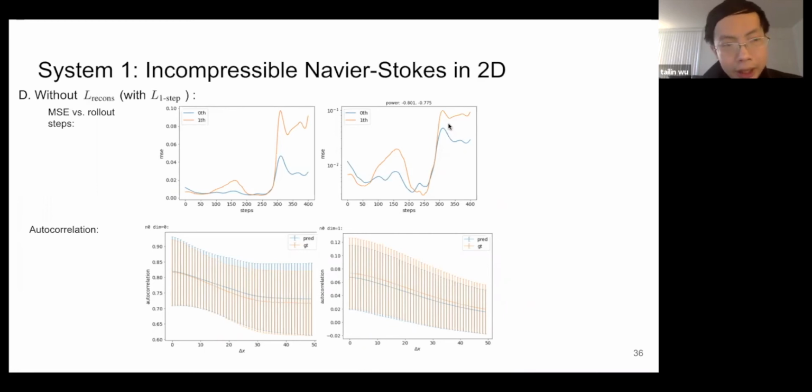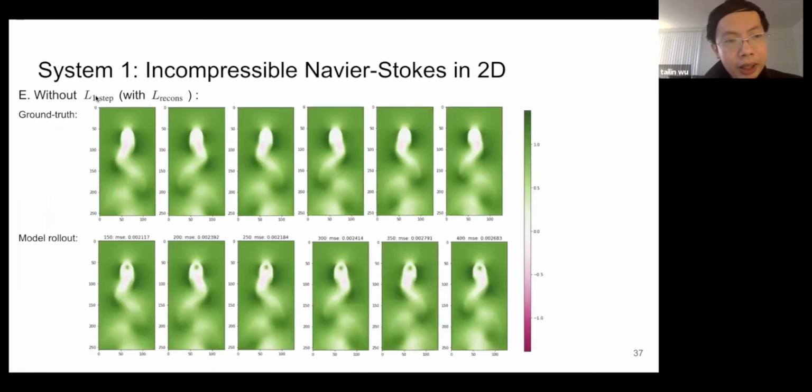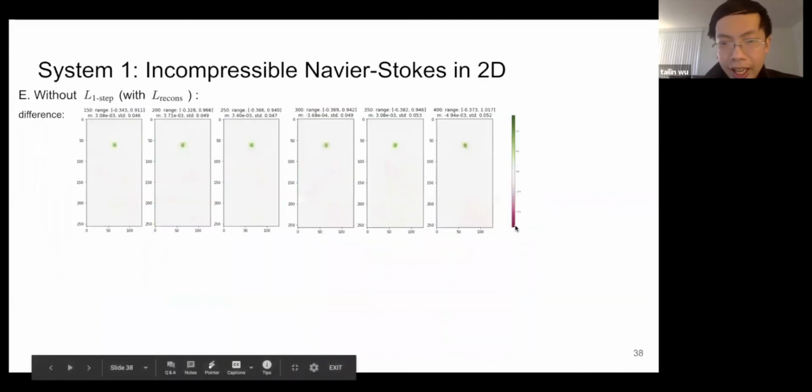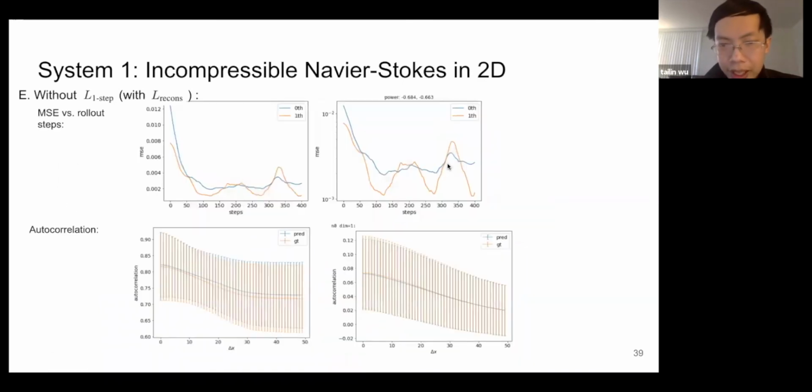On the other hand, if we turn off this one-step loss but keep the reconstruction loss, let's see the performance. We see that here it is quite faithful. And then the difference, we see there's almost no difference in other parts. And also here is the MSE. Interestingly, we see that this loss also remains quite constant across different time steps.